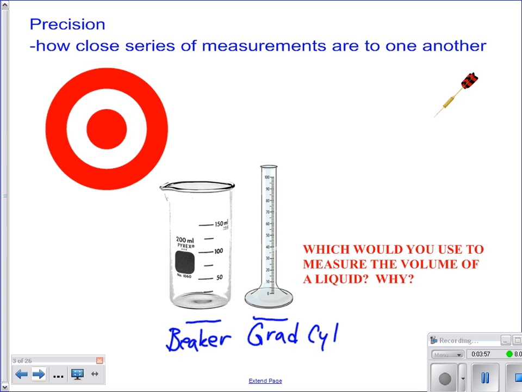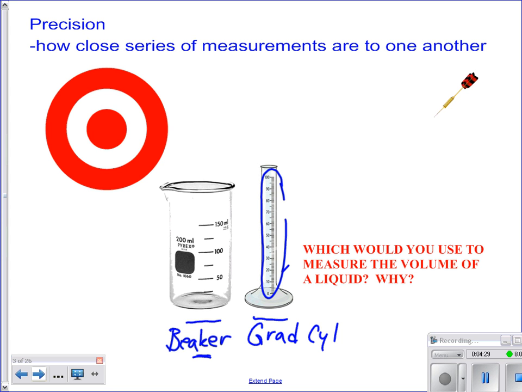One of these is used just for holding liquids as a containment vessel. That would be your beaker. The purpose of the graduated cylinder is to measure the volume of a liquid. So this is the one we're going to use, the reason being that our values are incremented differently. They're more specific. We've got more tick marks on there that allow us better precision with our measurements.